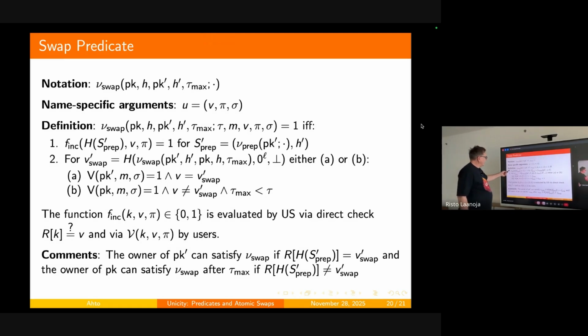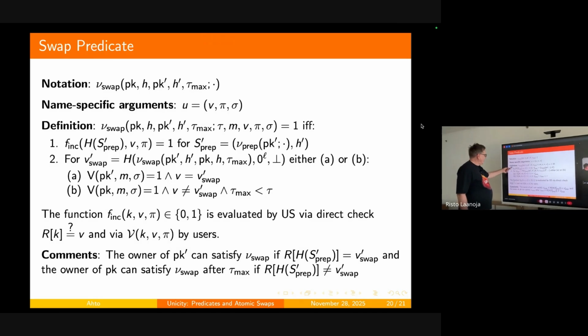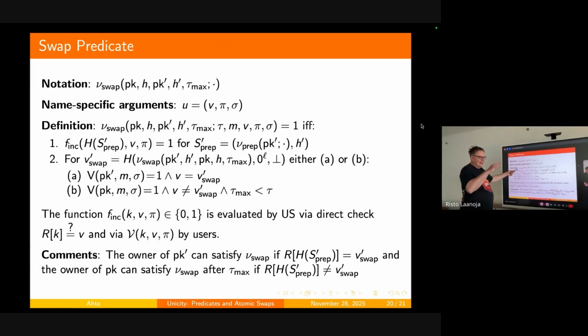So first we verify the inclusion proof. I will explain later. So we have a function that checks whether at this key in the repository of the Unicity service, V is stored.